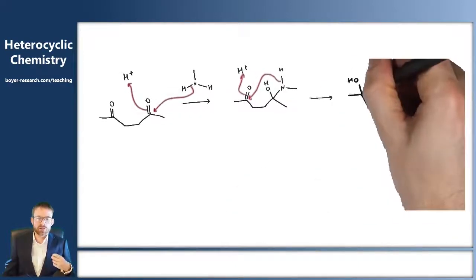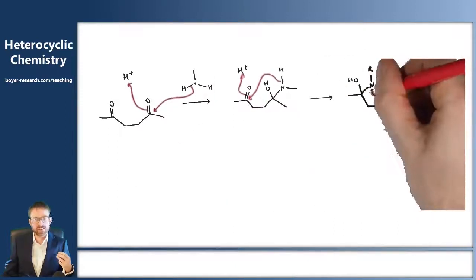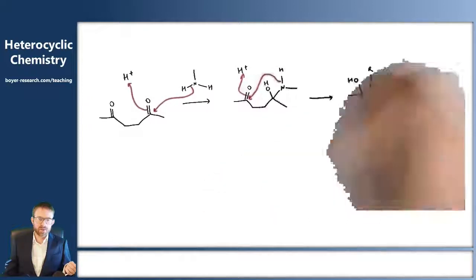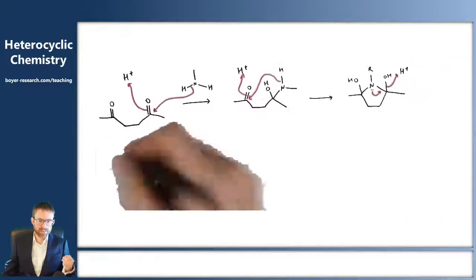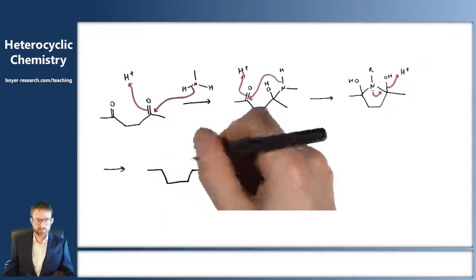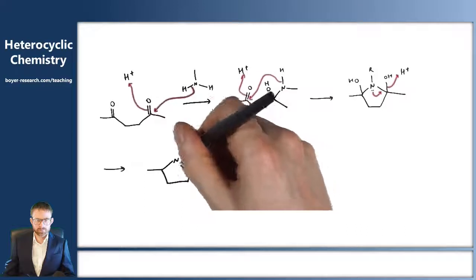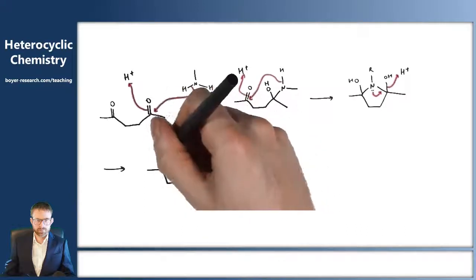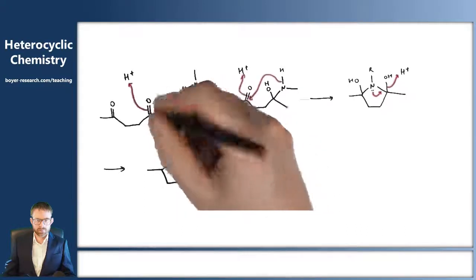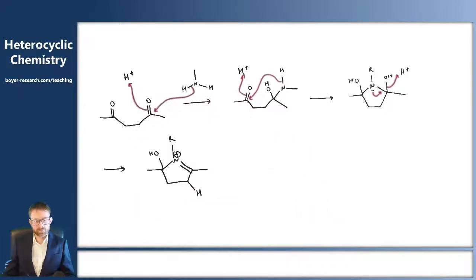We can use a nitrogen lone pair to assist with the elimination of water, so it pushes in. We lose the OH, assisted by the acid. And then we lose a proton to give us our enamine.